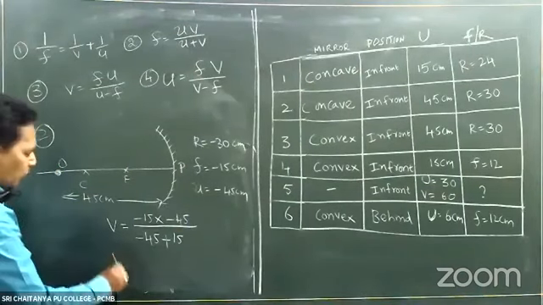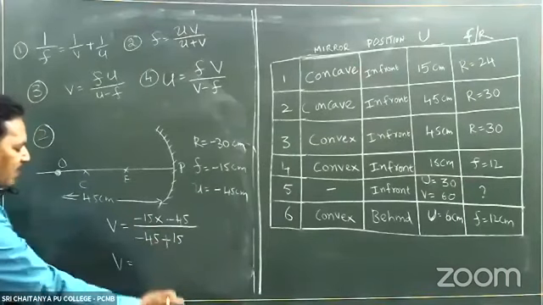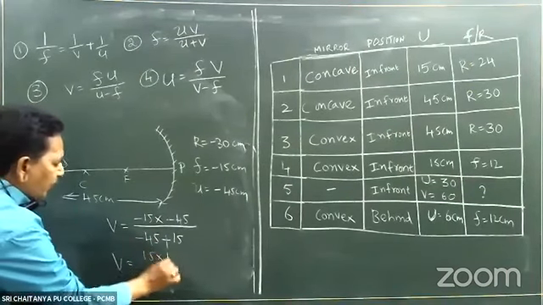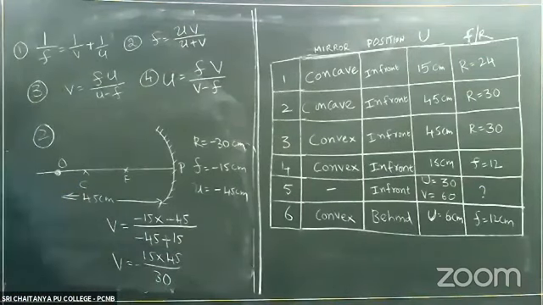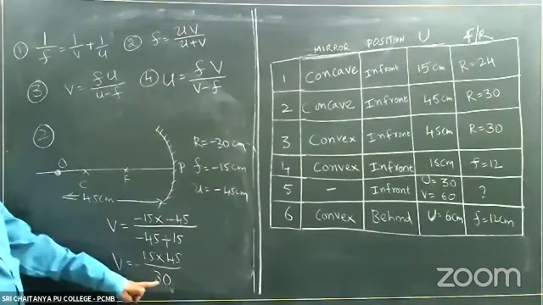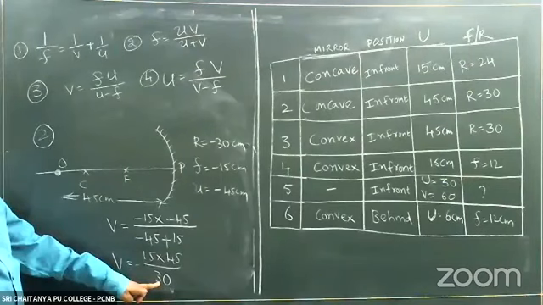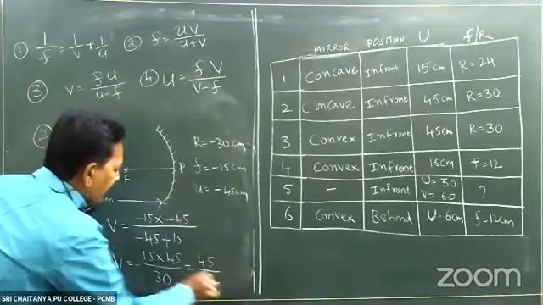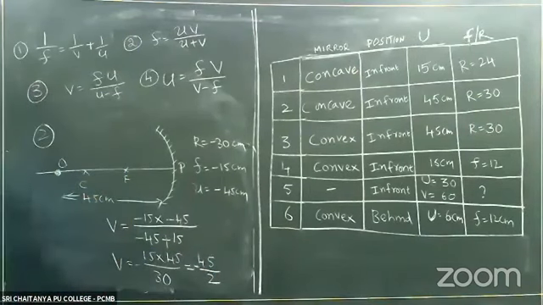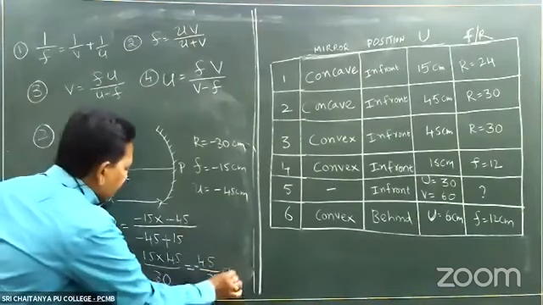Then V is equal to minus into minus, already plus, 15 into 45 by 30 with the minus sign. 15 ones are 15, 15 twos are 30. 45 by 2, with what sign? Minus. 22.5 centimeters.